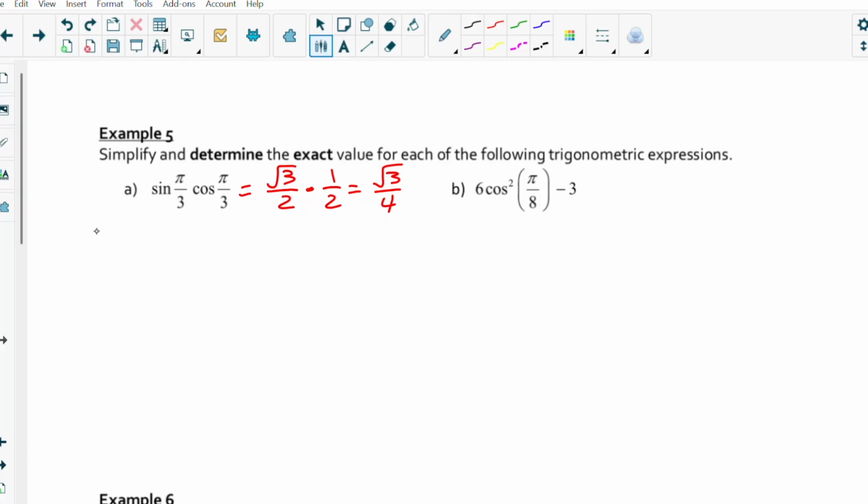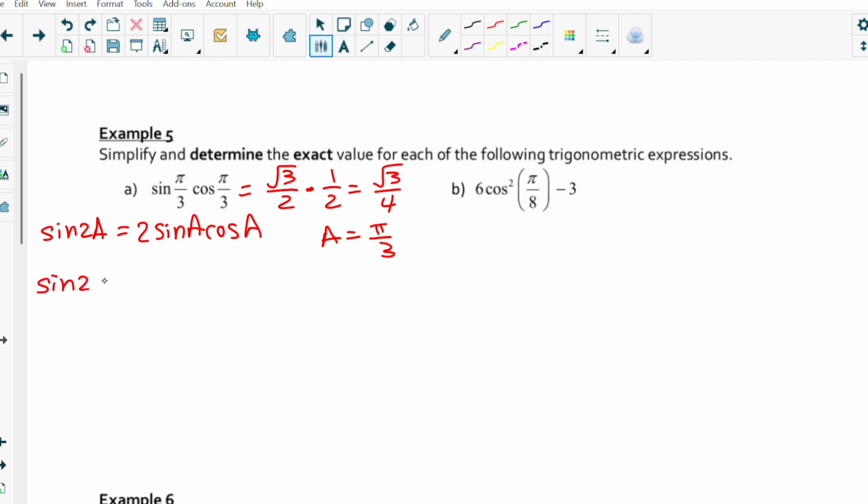Okay, so if I have sine of 2a equals 2 sine of a cosine of a, it looks like the a value is pi over 3, right? So let's say a equals pi over 3. Well, what happens?